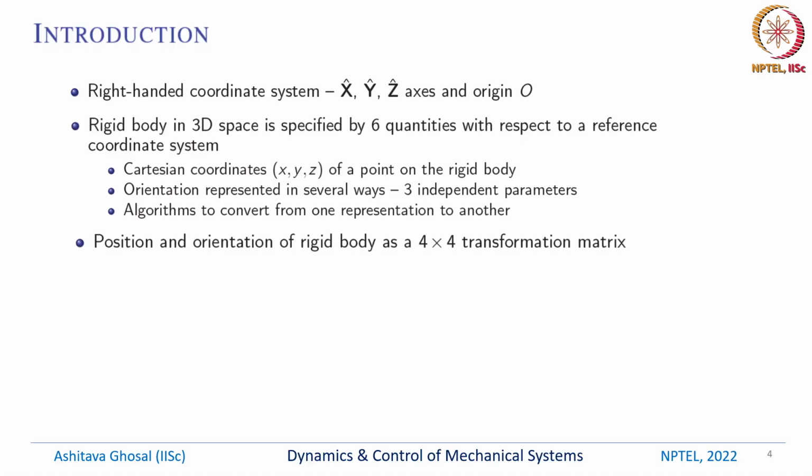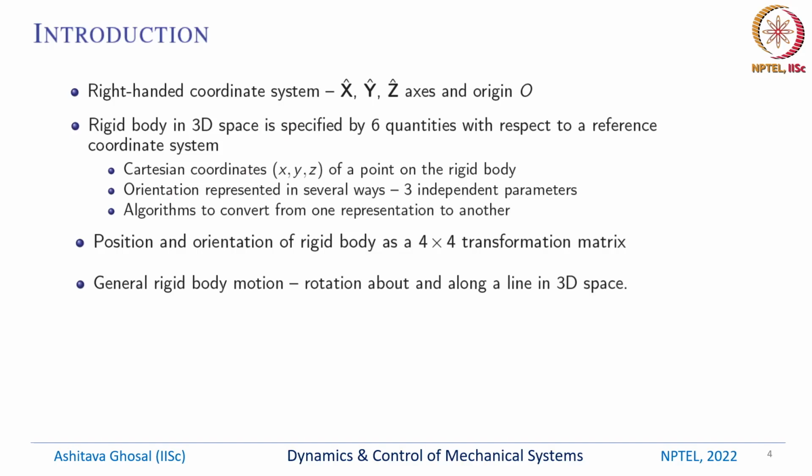And we finally looked at position and orientation of a rigid body as a 4x4 transformation matrix, where some part of this 4x4 matrix contained rotations of the rigid body and the last column contained the translation of the rigid body.